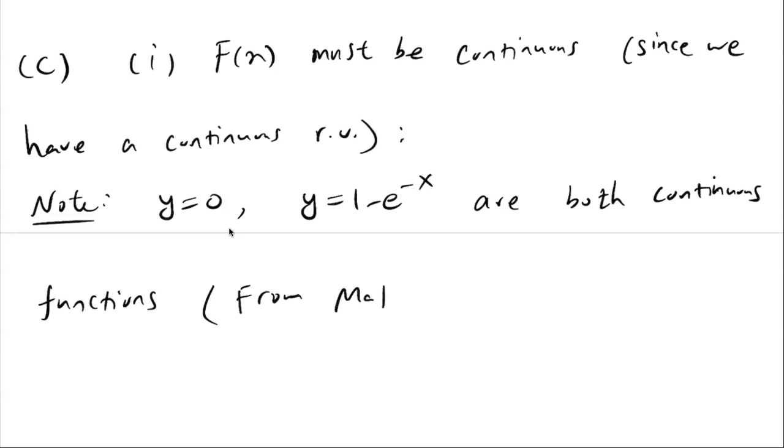From Math 113, you saw that any constant function is continuous. E to the x is continuous, e to the minus x, or e to the any polynomial, is continuous, and 1 is continuous, and the subtraction remains continuous. So these two functions are continuous.